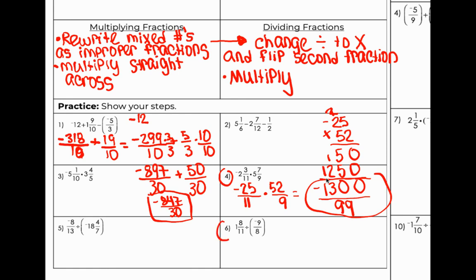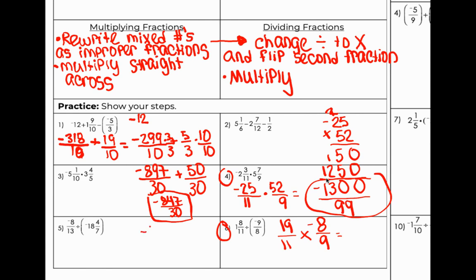So let's do 6. I'm going to go ahead and get these into improper fractions. So 1 times 11 is 11, plus 8 is 19. So 19 over 11. I'm going to change to multiplication. Then I'm going to flip that second fraction. So negative 8 over 9. So now I'm going to have to go through and multiply.